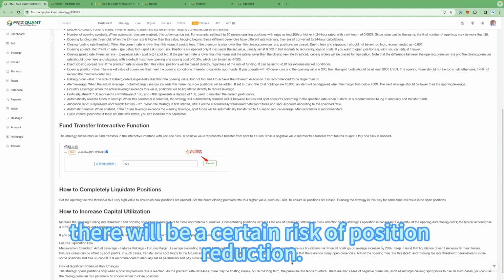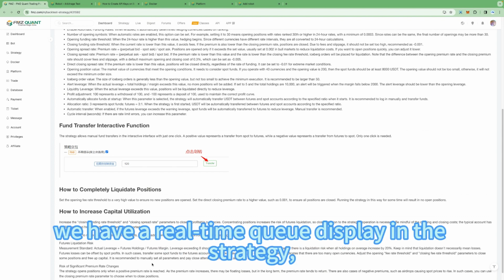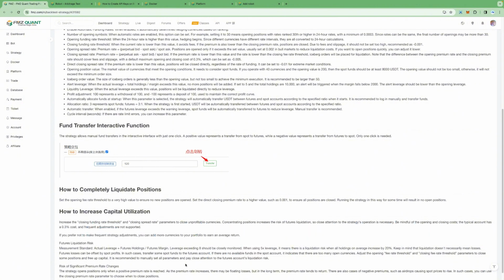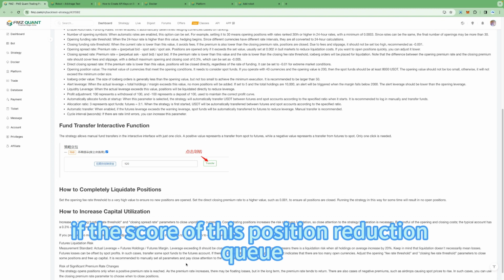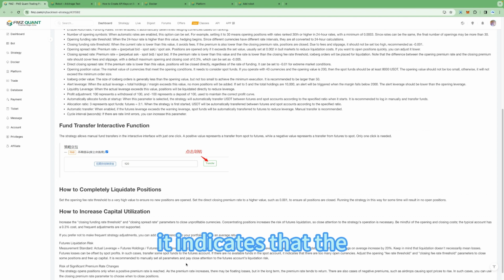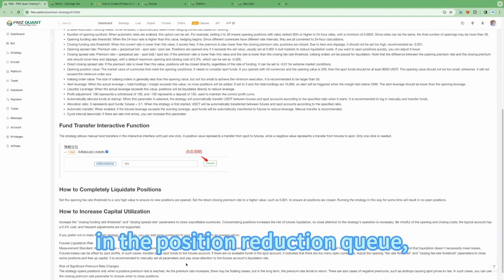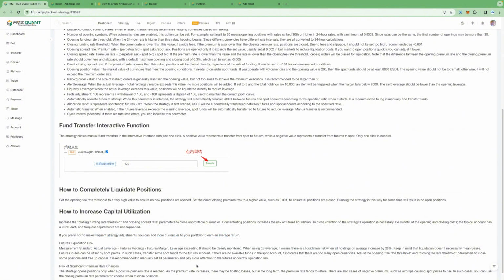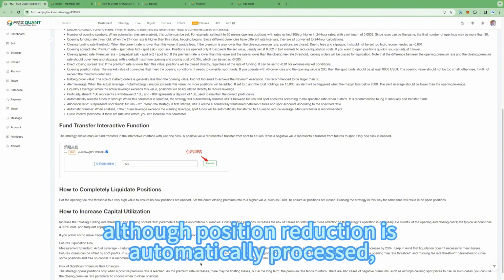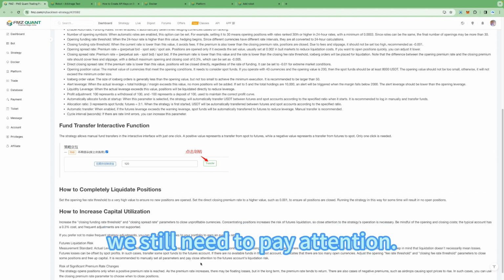At this time, there will be a certain risk of position reduction. For position reduction, we have a real-time queue display in the strategy. If the score of this position reduction queue is relatively high, it indicates that the contract is in a higher position in the position reduction queue. Although position reduction is automatically processed, we still need to pay attention.